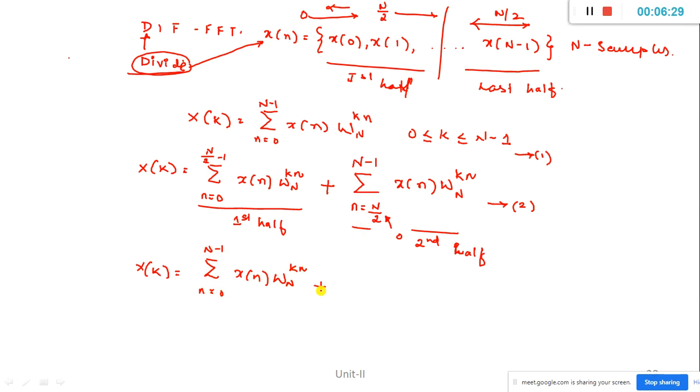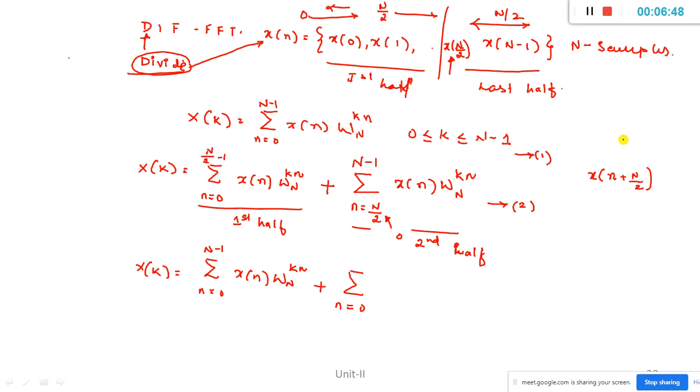Plus here I simply state this as n equal to 0. How do I come to this particular sequence? It is as simple as x of n plus n by 2.